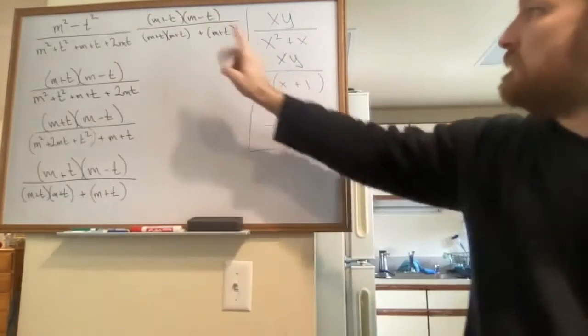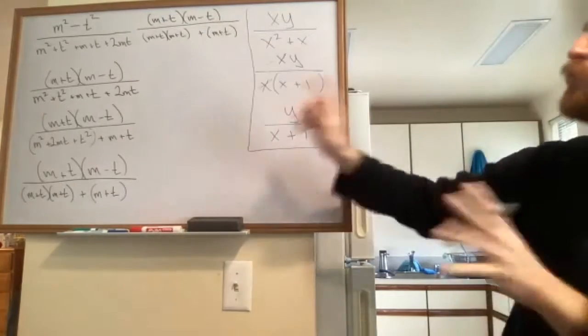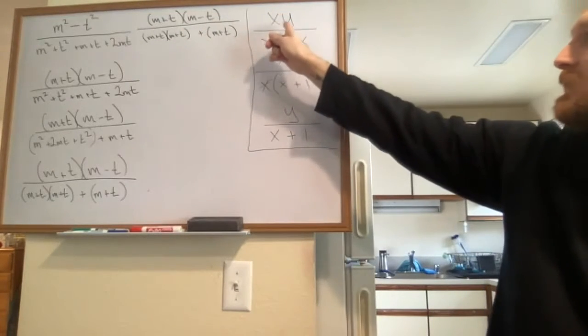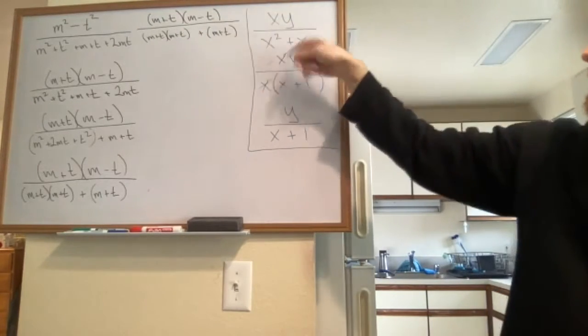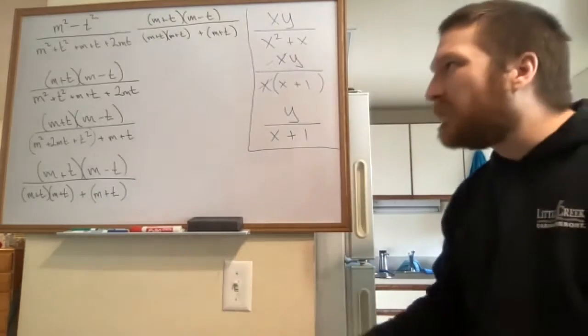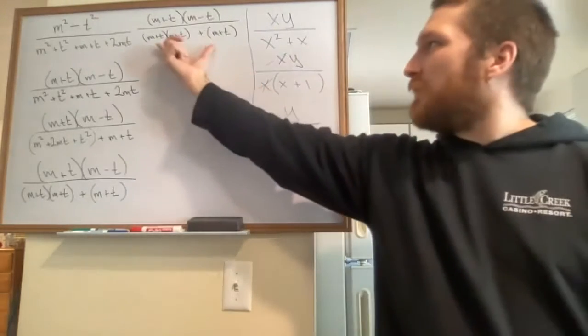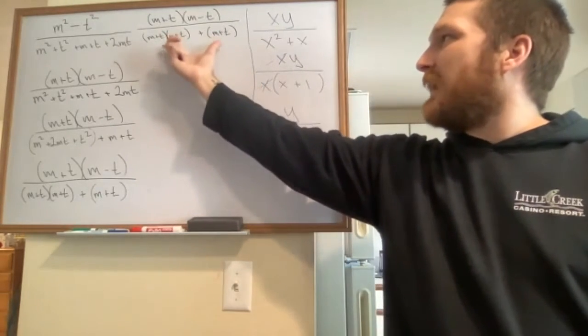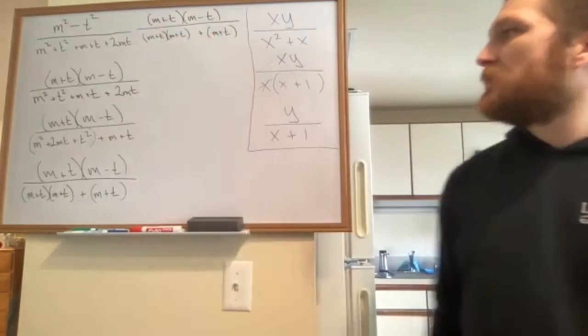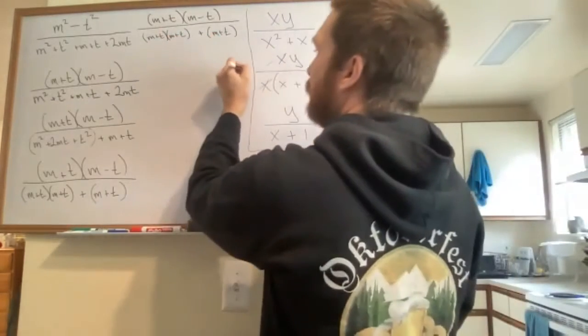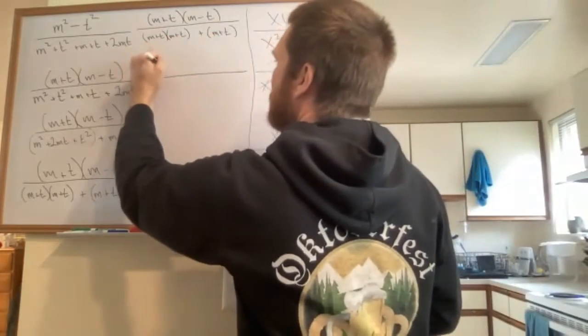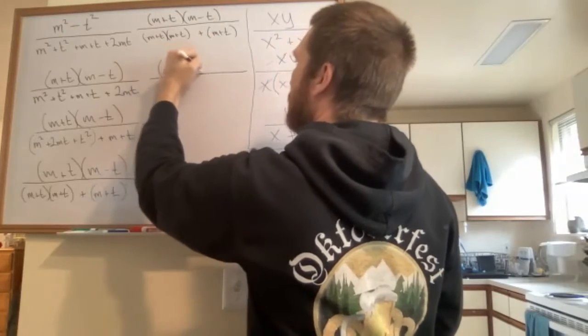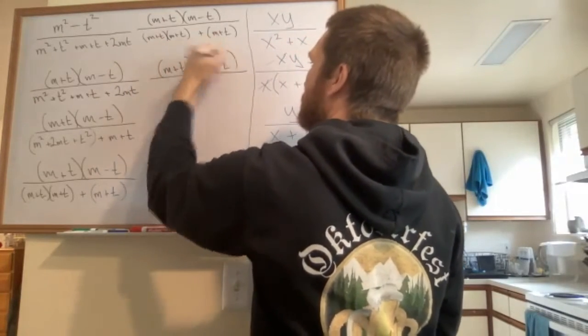Now, again, if you were in this situation, you could say, well, one of the x's cancels with one of those x's, that x cancels that x, but we don't like to do it that way. We'd much rather factor one of these guys out. So let's do that. The top stays the same, m plus t, m minus t.